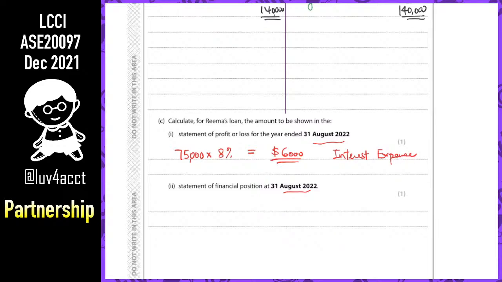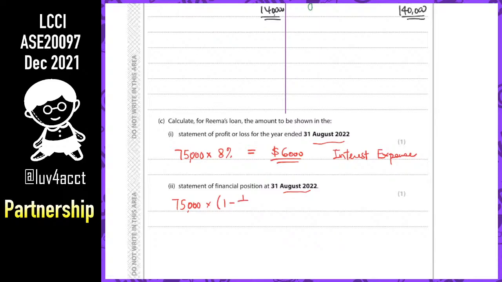Although you are not asked to tell us what it is, I think it is also nice to do that. Now the statement of financial position: you have borrowed 75,000, and on the last day of the year you have paid 1/5 of it.